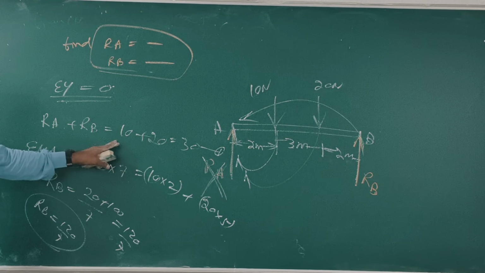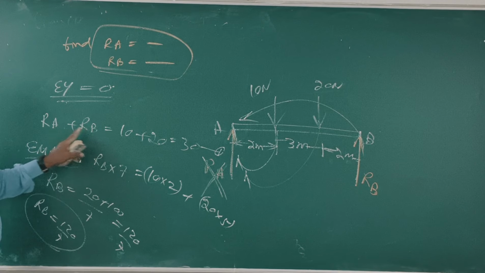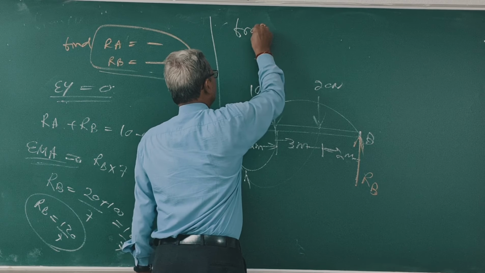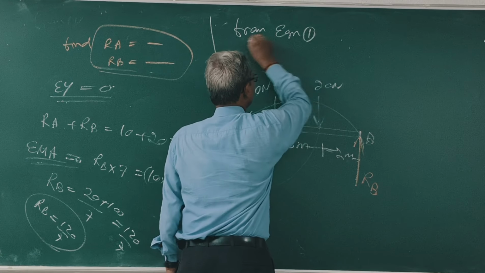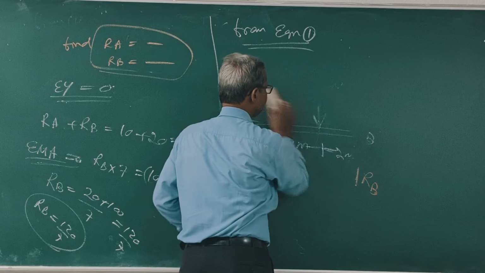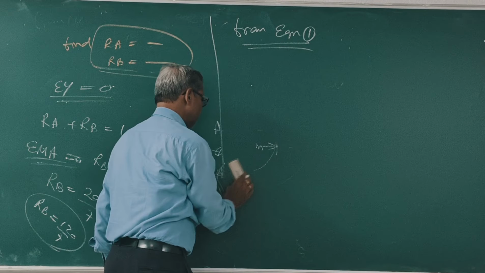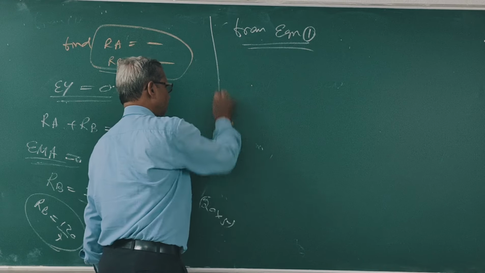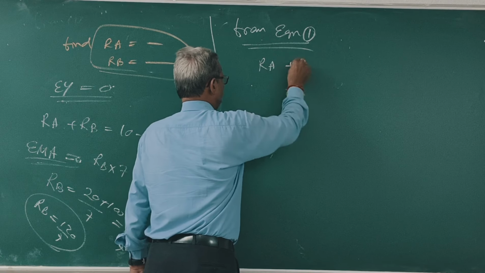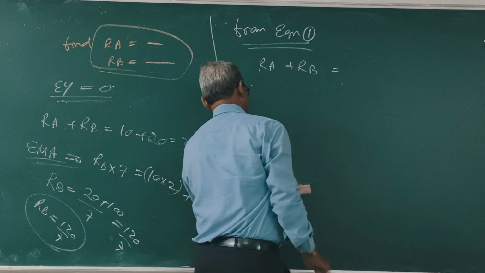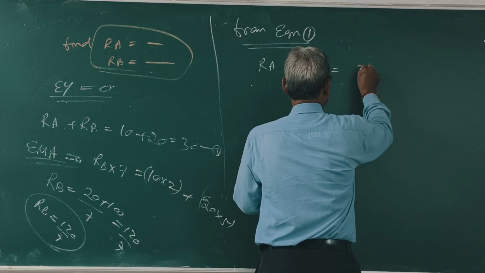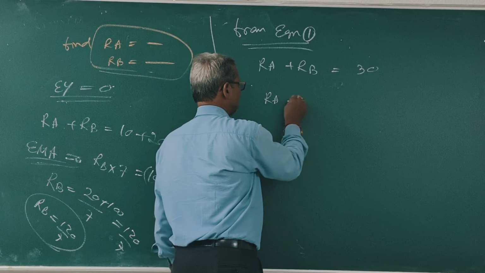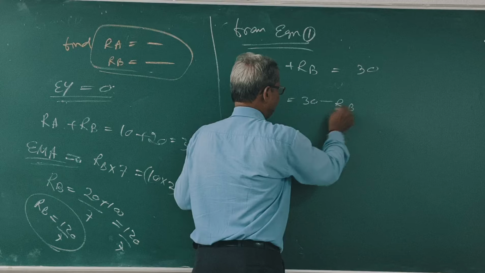What is RA? Find RA from equation 1. From equation 1, RA plus RB is equal to 30. Clear? What is RA equal to? 30 minus RB.